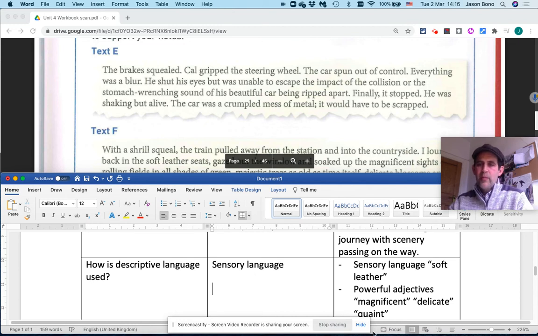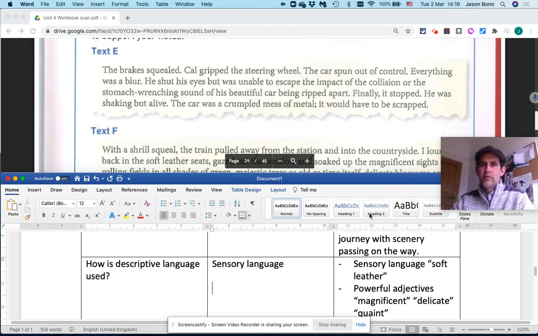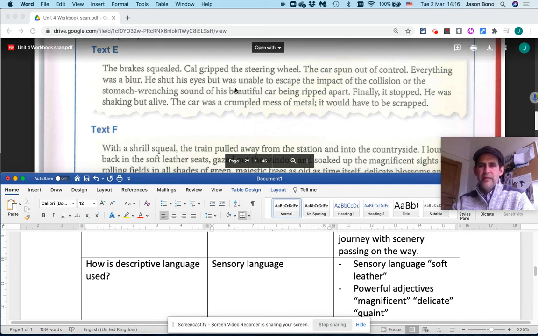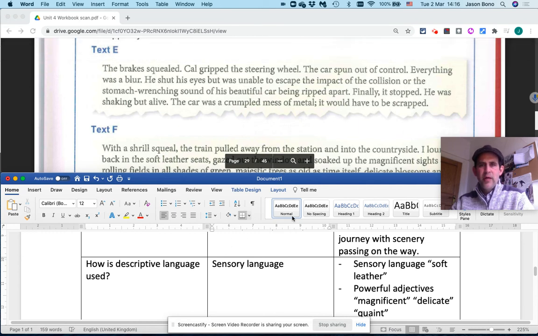Okay, what about powerful adjectives? Okay, do you have the same powerful adjectives here? Well, you have beautiful and crumpled mess, or crumpled anyway. Okay, but otherwise, you don't have powerful adjectives in the same way. And I would argue that beautiful is not a particularly powerful adjective because it's used often.